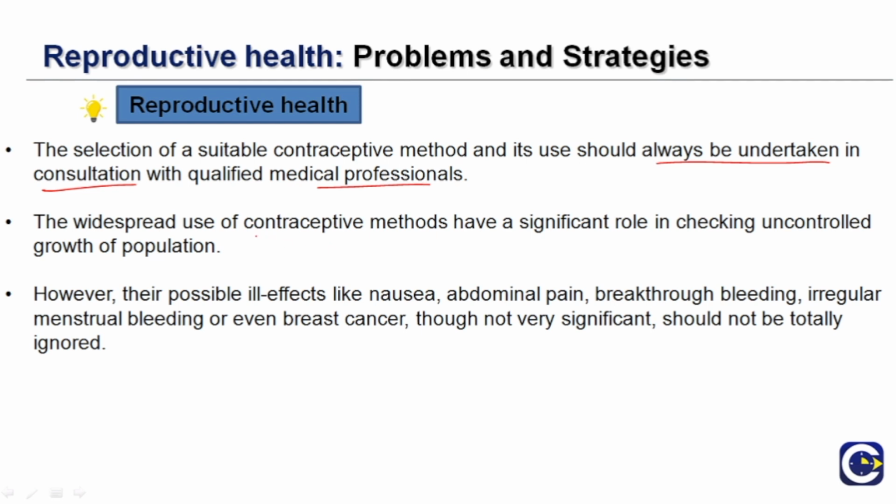The major advantage of using the contraceptive methods is that it plays a significant role in checking uncontrolled growth of population. However, there are possible ill effects, like nausea, abdominal pain, bleeding, irregular menstrual bleeding, or even breast cancer, though they are not very significant. But they should not be totally ignored. Therefore, the first point, that is, you should always consult a qualified medical professional before adopting any contraceptive method apart from the natural methods and the condoms.